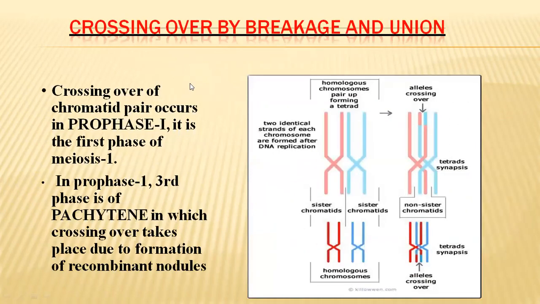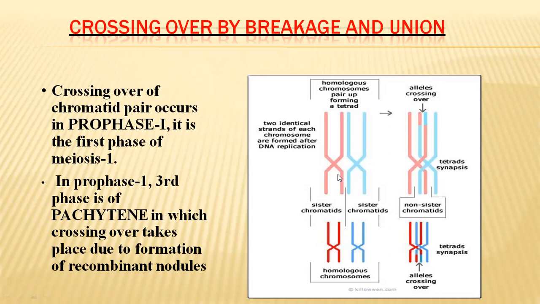The third phase is crossing over. Here in this phase, what will happen? The non-sister chromatids of this chromosome pair will break at some places where they are very close together. After that, the broken pieces will be attached to the opposite chromatid, or non-sister chromatid.